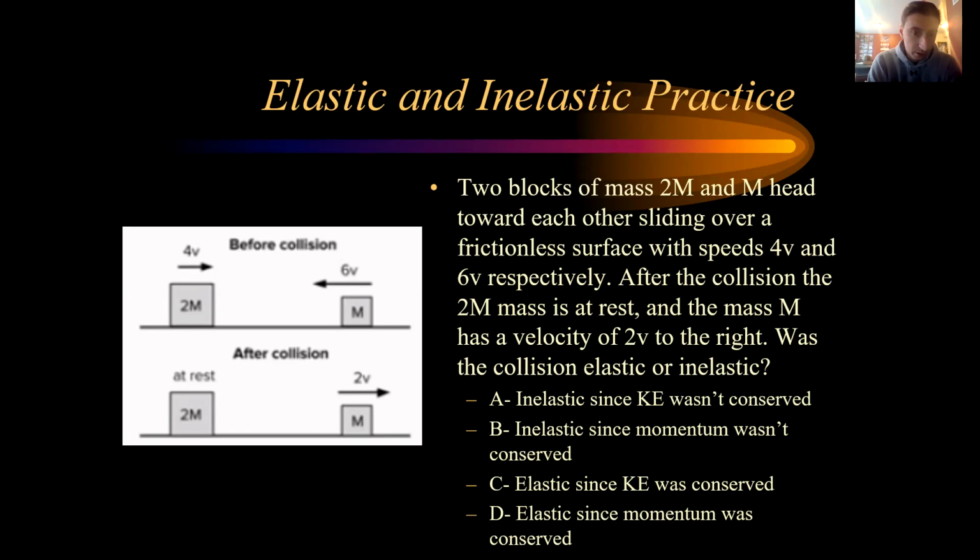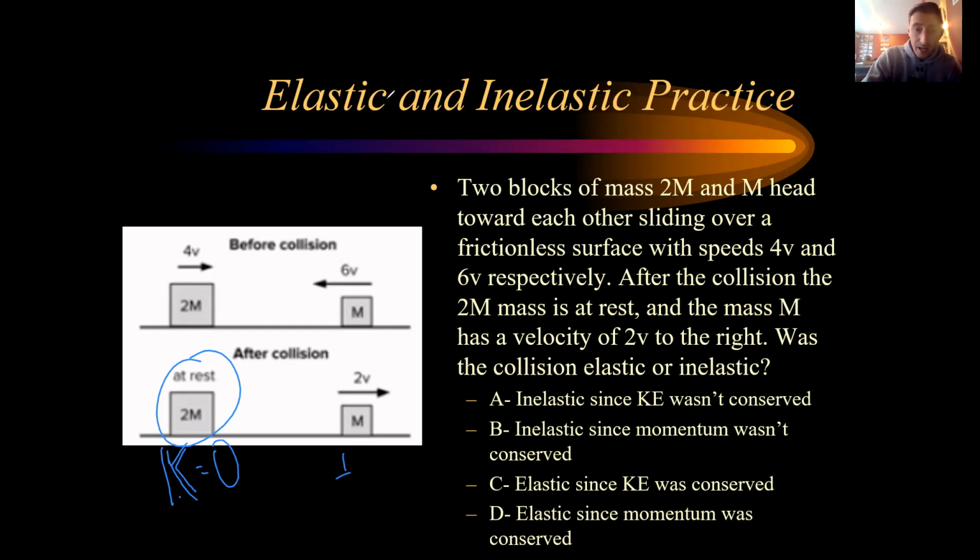Okay, so let's look at this. Regardless, momentum should be conserved. To determine if it's elastic or inelastic, you have to look at kinetic energy to see if that's conserved. So if you look at this, the total kinetic energy here should be decreased, right? Because my velocity here is 0, so that's 0 kinetic energy.